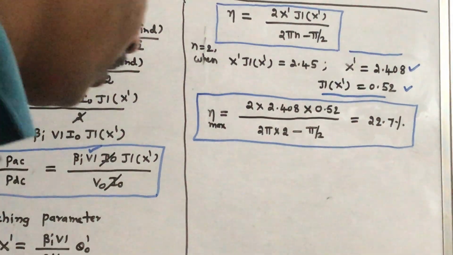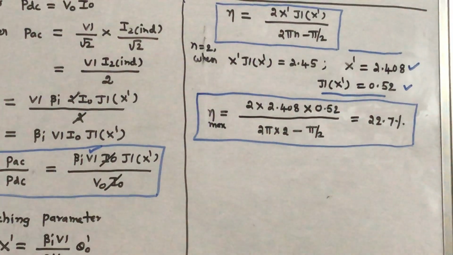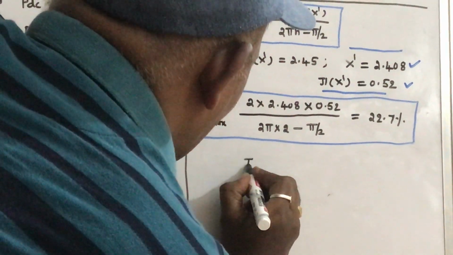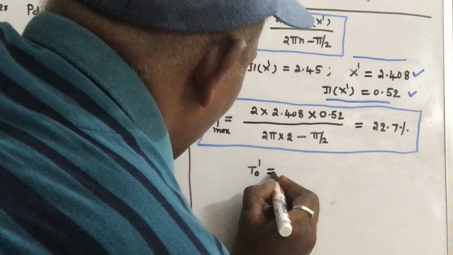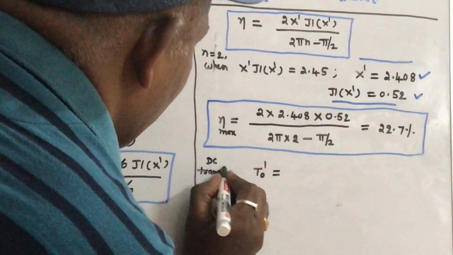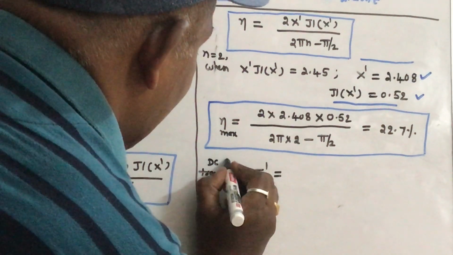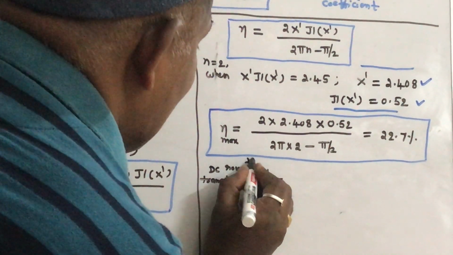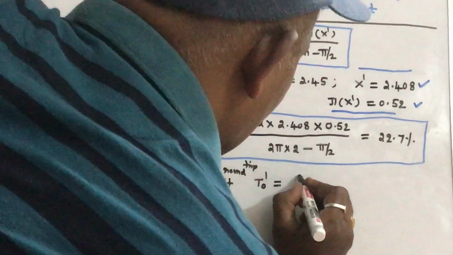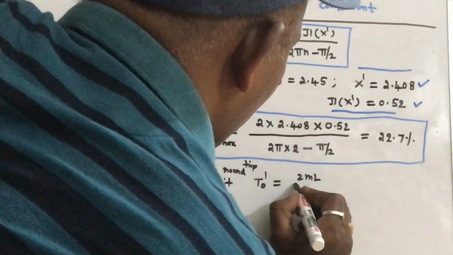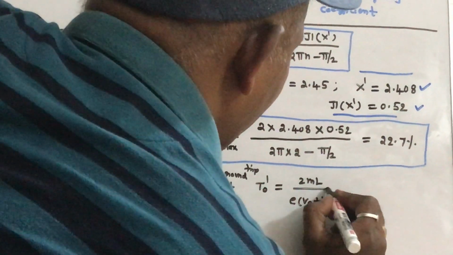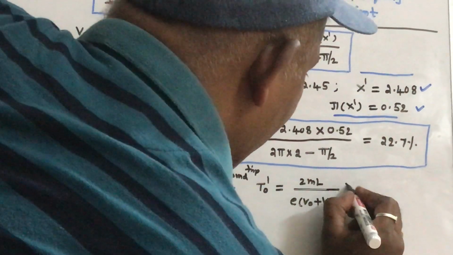So now finally we derive one more relation. Therefore we have this DC round trip transit time, T0 dash, is equal to, what is the formula? 2 m L by E into V0 plus VR into V0.